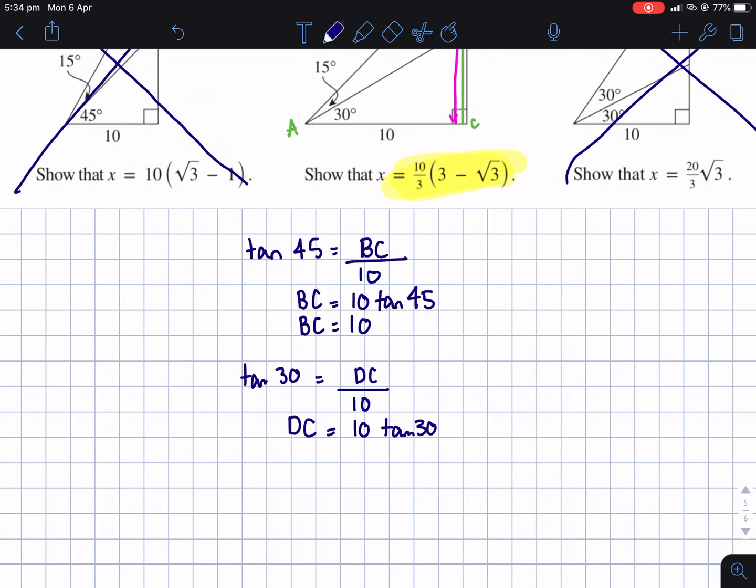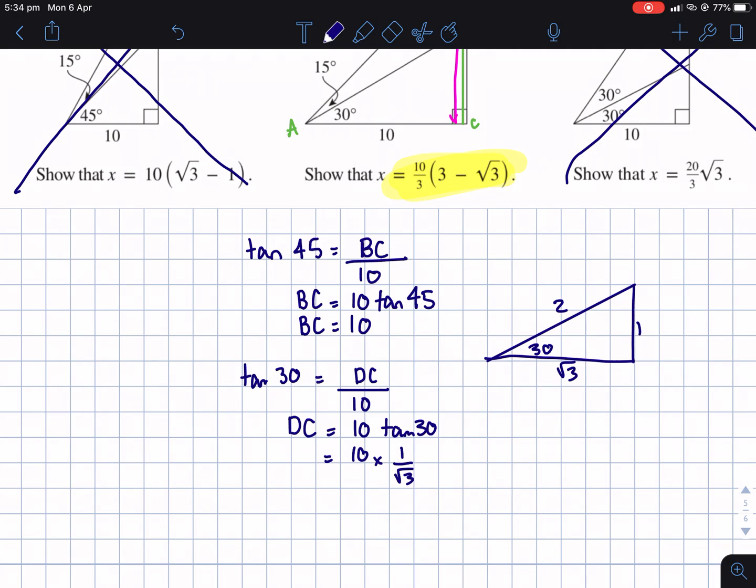So tan 30, if we remember from our 30-degree triangle, is 1 over root 3.